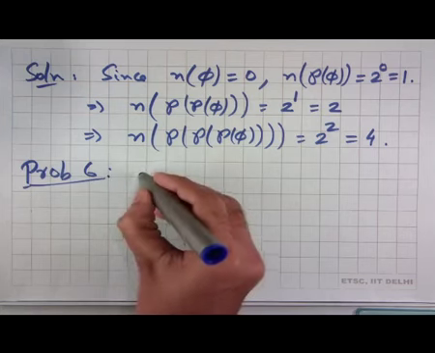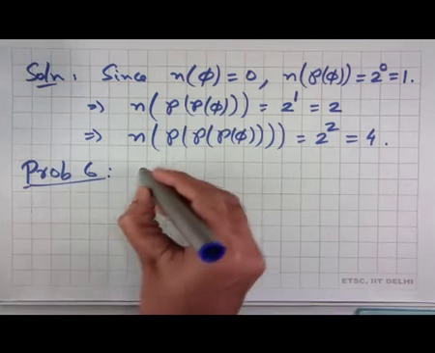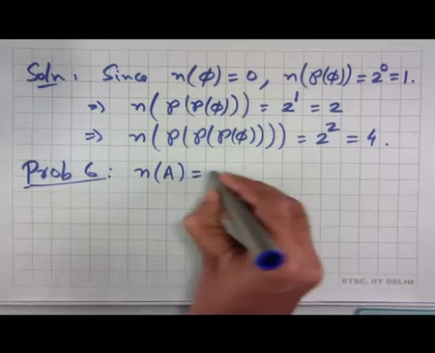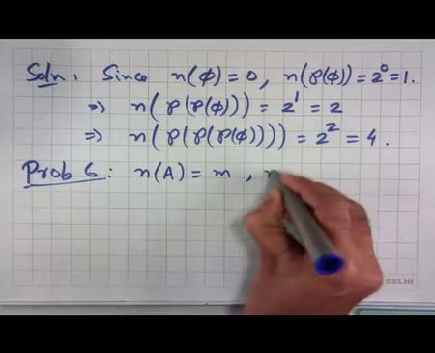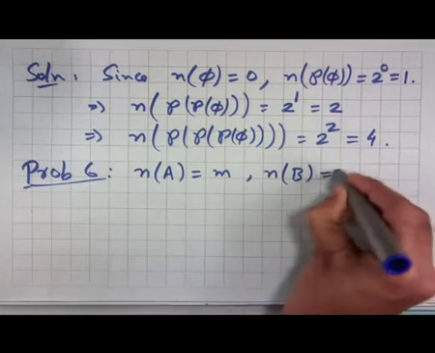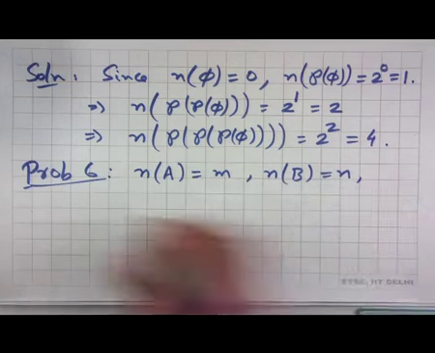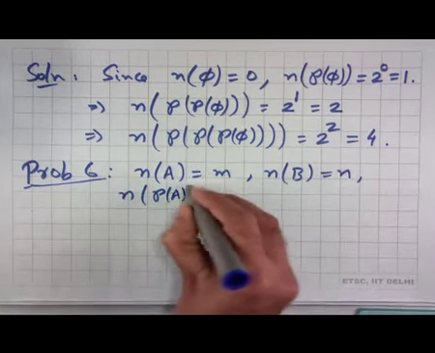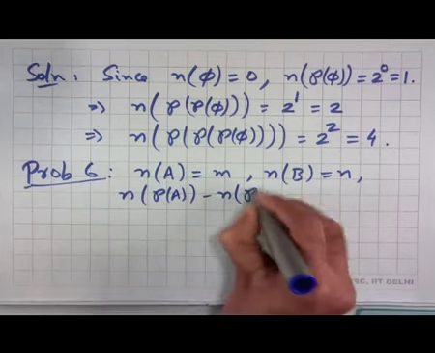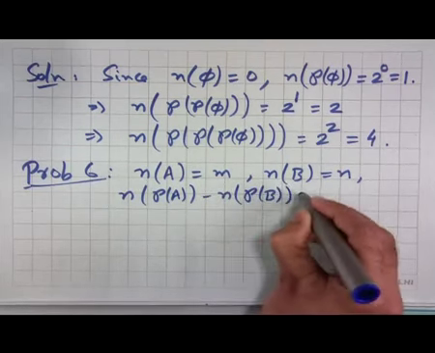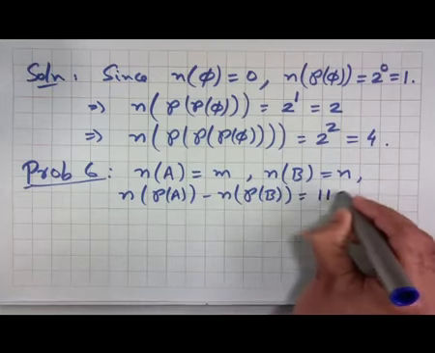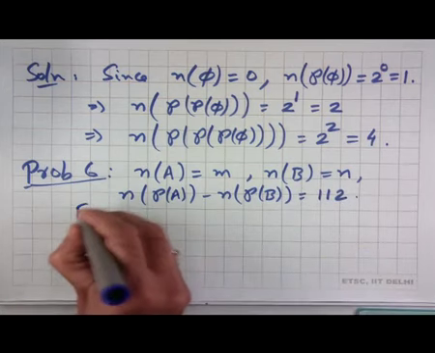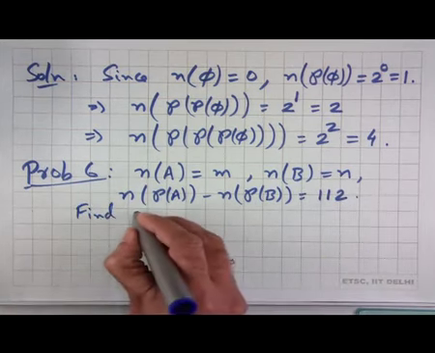So, suppose we are given n of A is equal to some number m, n of B is n, and the number of elements in power set of A minus number of elements in power set of B is given to be 112, then find m and n.